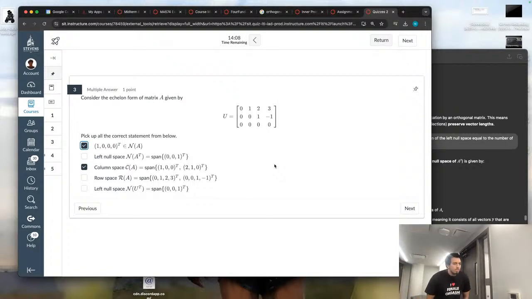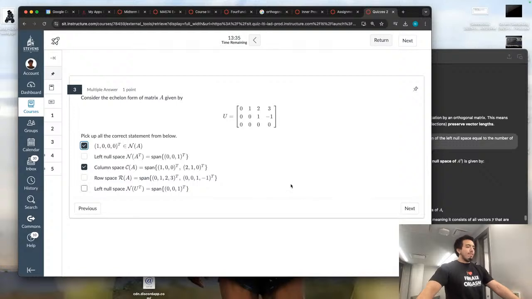Because the dimension of the null space is going to be the number of columns minus 2. So it can not have that vector, or it can include this guy here. So that could work as well.